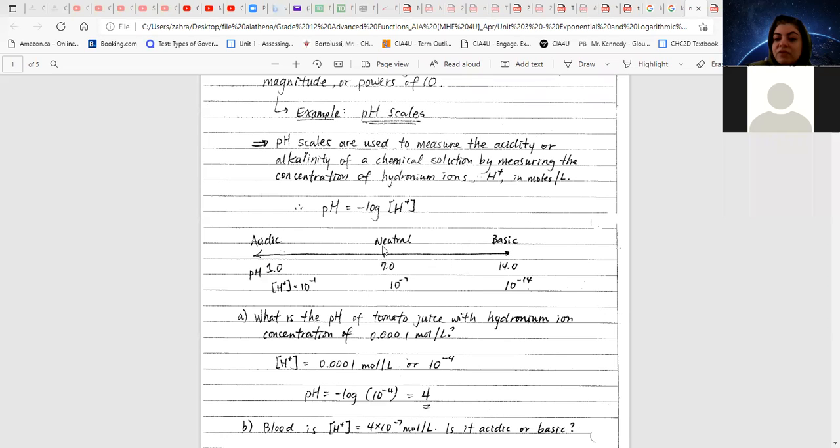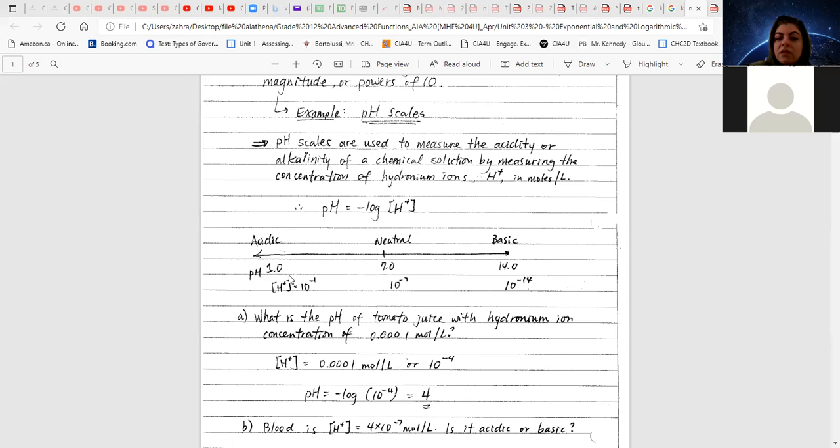And if you have a pH of 7, it is neutral. So basically the concentration of hydrogen ion at pH 14 is 10 power negative 14. The concentration of hydrogen ion when the pH is 7 is 10 power negative 7. And the concentration of hydrogen when the pH is 1 is 10 power negative 1.